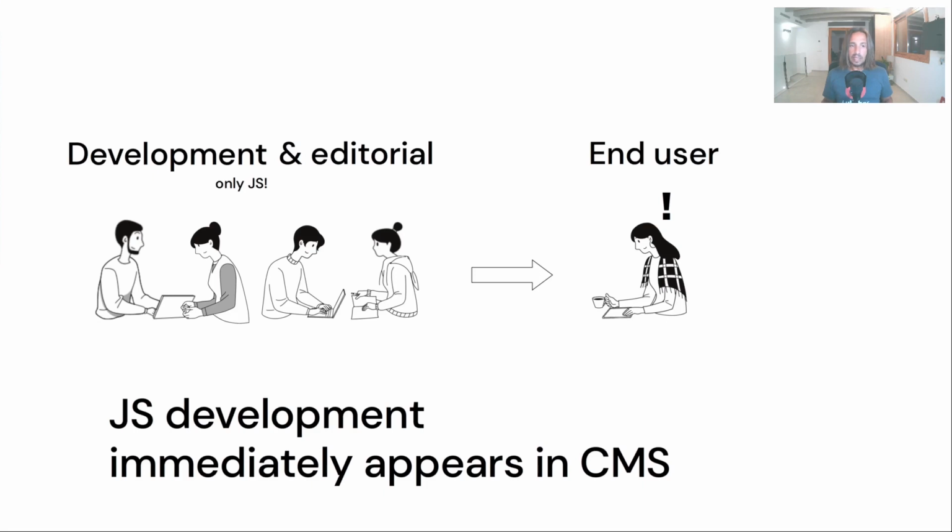So that's kind of a big deal, because it sidesteps several stages of the process in between when you start developing and when the end user receives the editorial experience, and that is improved time to market.